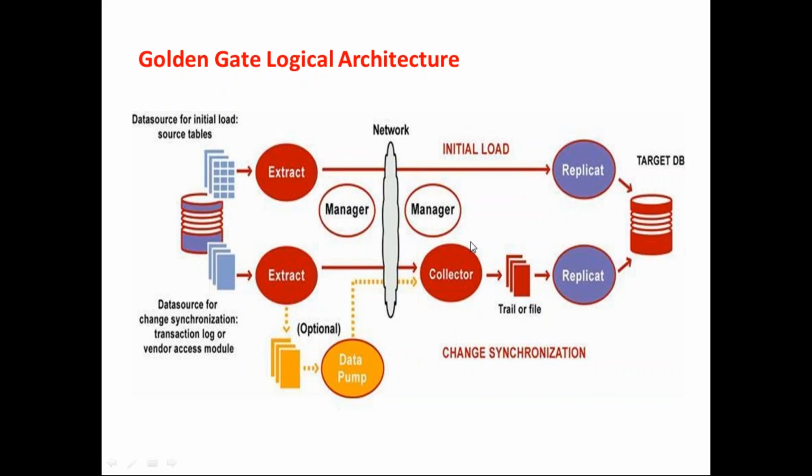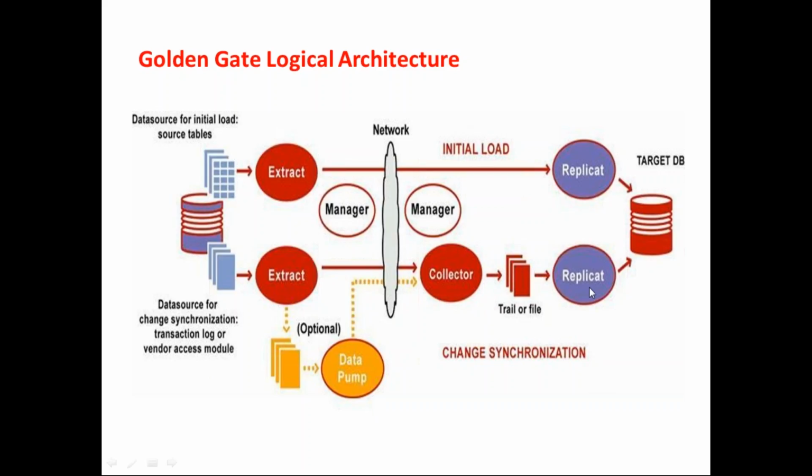The collector is just a process. There is no file or script I configure for it. The data pump supplies the collector the location where to write the data in the trail file.